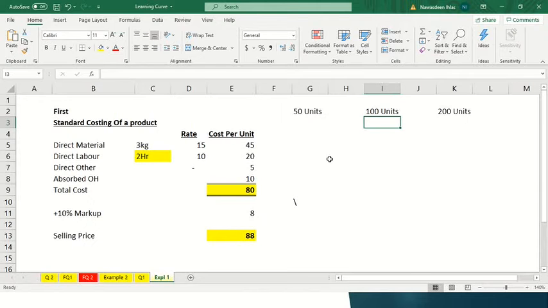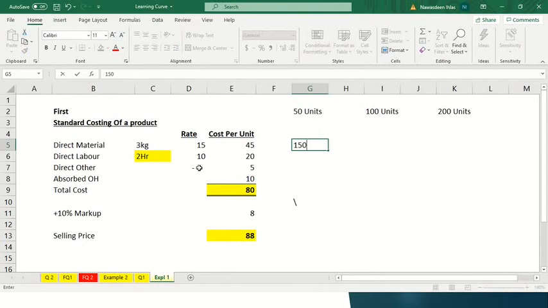So here learning curve applies only for this particular labor hour requirement, right? It won't apply for this material requirement. When we produce in first unit we need 3 kilograms. If we produce 50 units means obviously we need 150 kilograms. So if we are producing 50 units means per unit we need 2 labor hours.